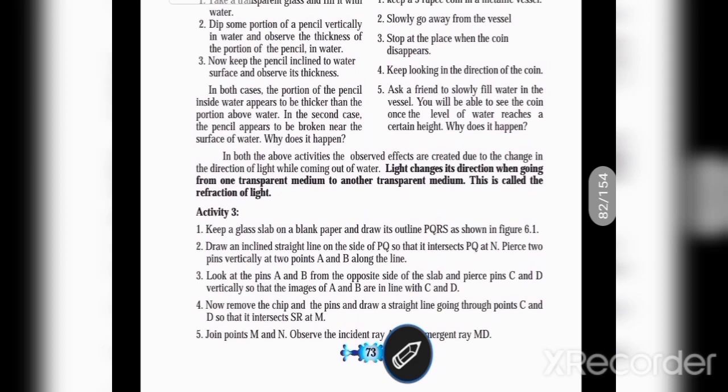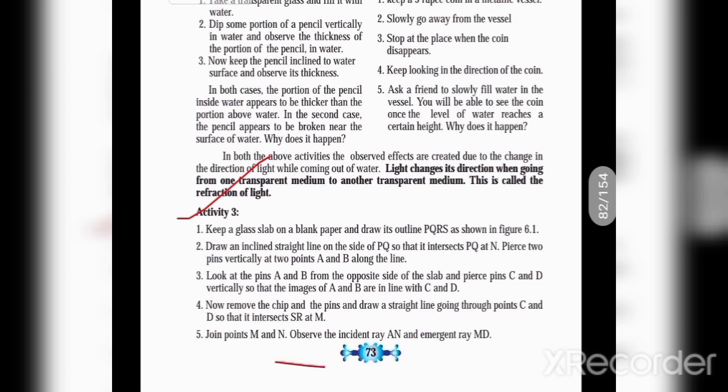In 11th standard and also in 12th standard, there are activities based on this same activity: the glass slab activity, and the same activity with a prism.